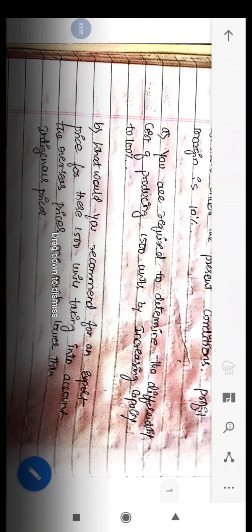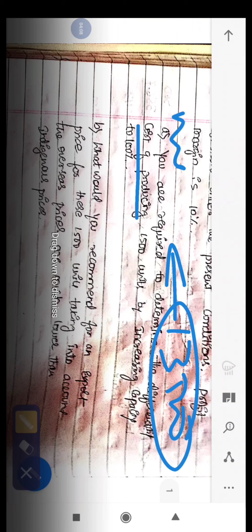Next, what we are required to do is determine the differential cost pricing. First of all, for 13,500 units we have to calculate the selling price.